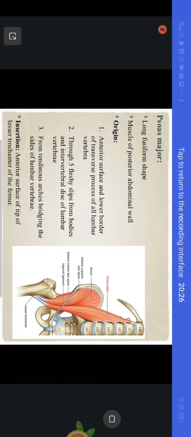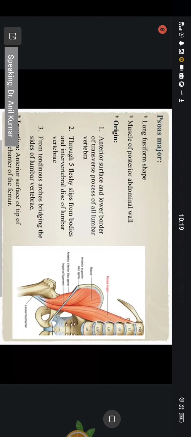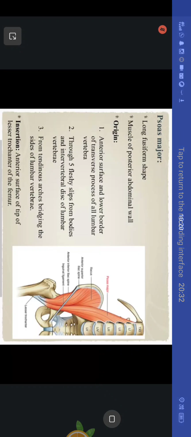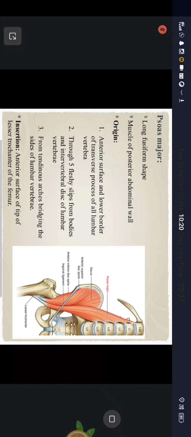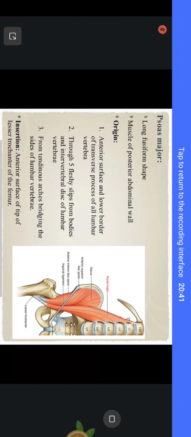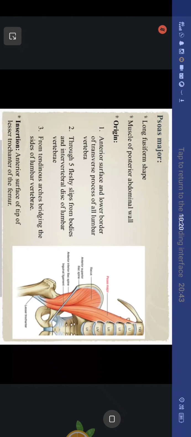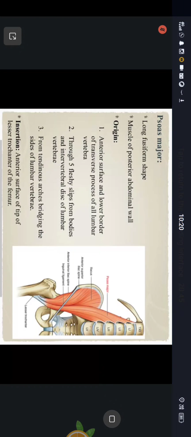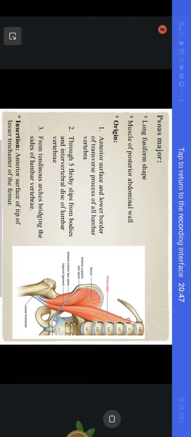Regarding its origin, it arises from the anterior surfaces and lower borders of transverse processes of all lumbar vertebrae.